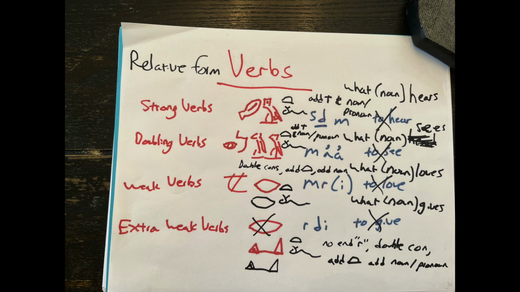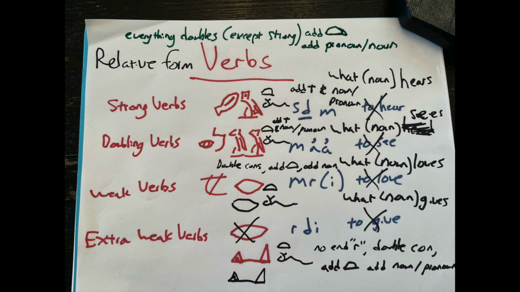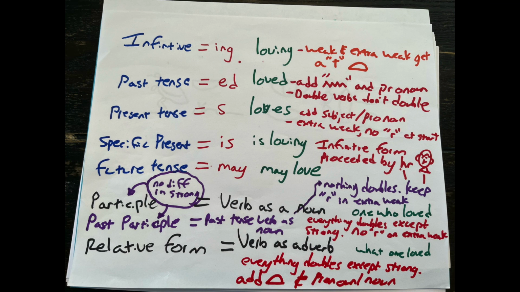And as for extra weak, we're also going to remove any beginning R. It's just one of those other extra hieroglyphic things that shows up in quite a few different verb classes. So if you were going to come up with an overall statement, you would say that everything doubles in the relative form except strong verbs, and you add a T and a pronoun. And of course, that whole R thing with the extra weak. But for the most part, doubling, T, and pronoun, except for strong verbs, is how you know you're in the relative form. So that is our clue.